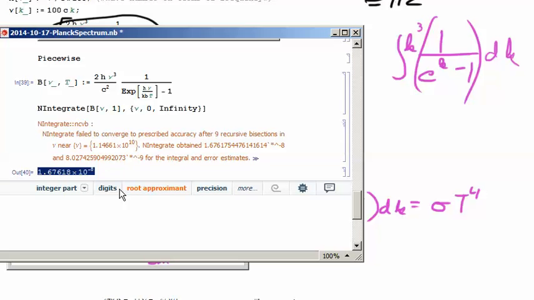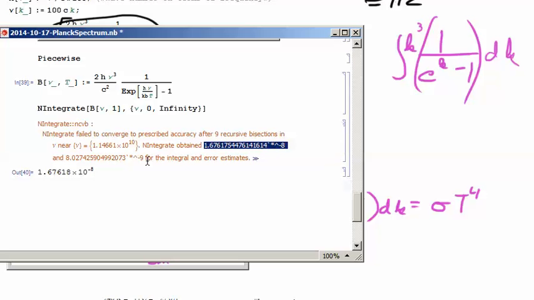And this comes out in the right order of magnitude. Instead of 5.67 times 10 to the negative 8th, it comes out to be 1.67 times 10 to the negative 8th. But I don't know how badly this affected it.